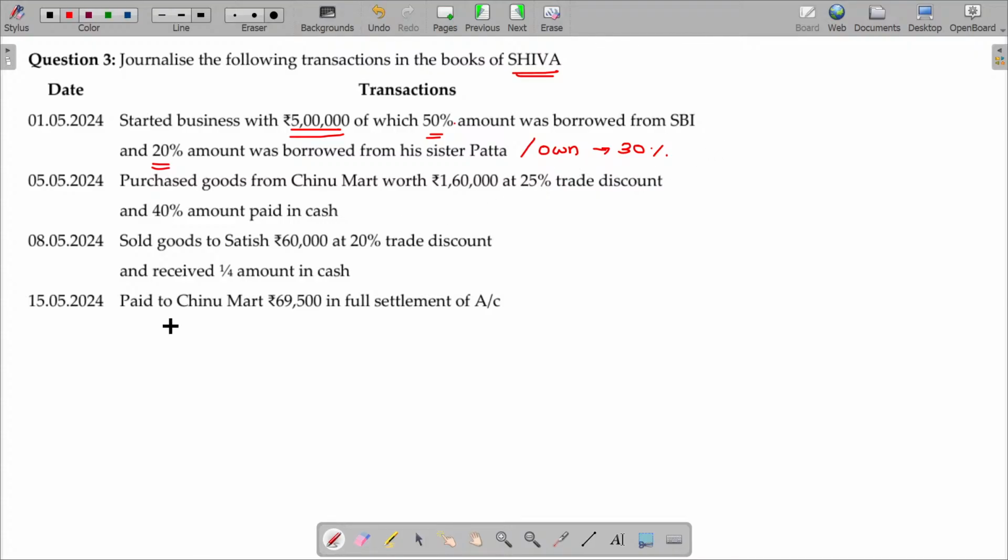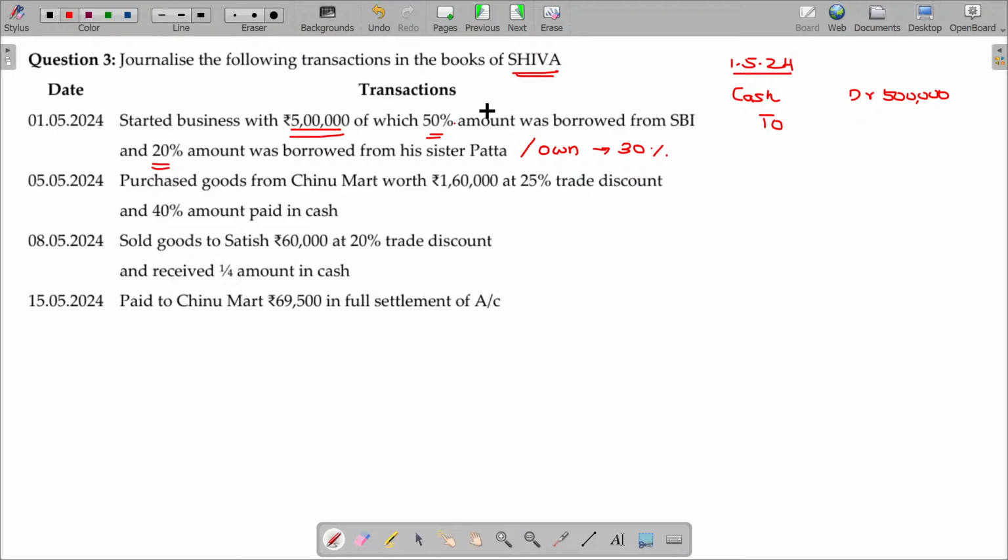Now, money comes in, the entry being on 1/5/2024. Maybe in the form of cash or bank. The amount contributed for the capital purpose is 5 lakhs for starting the business.